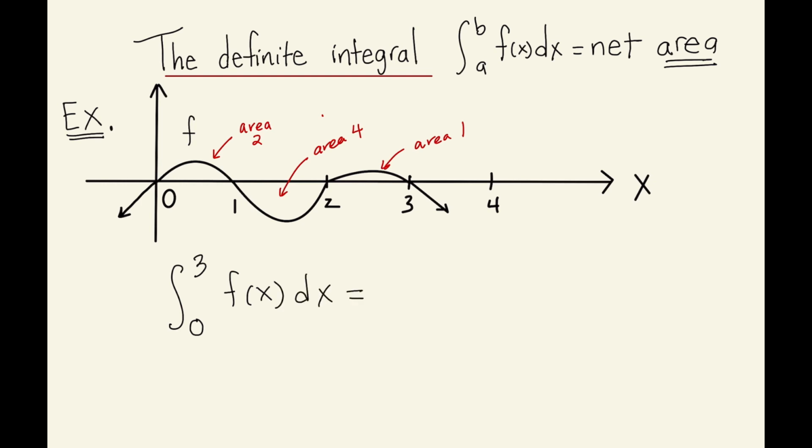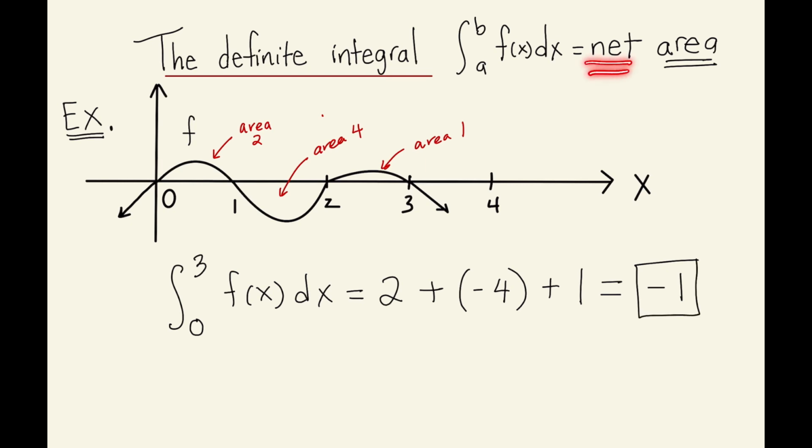So what I would do is add the area here, which is 2, to the area here, which is going to contribute -4 since it's below the x-axis. And then I would finally add the area here, which is just 1. So my definite integral would be equal to -1, and that would be my final answer. So that's what I mean by net area.